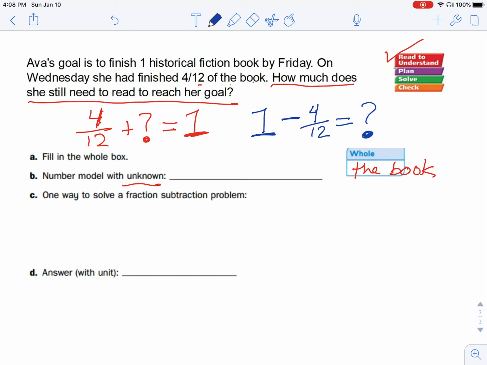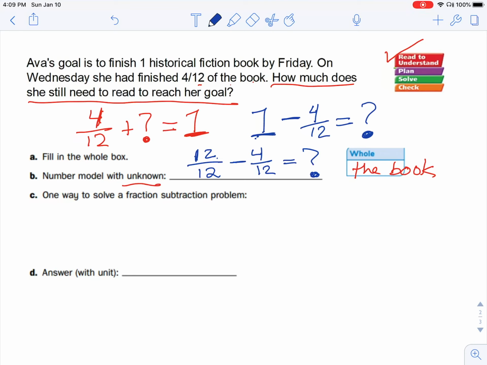Either one is appropriate. When we go write it down here, instead of writing 1 whole, I'm going to consider a whole as 12/12. You agree that those are equal? 1 whole, 12/12, minus 4/12 equals question mark.